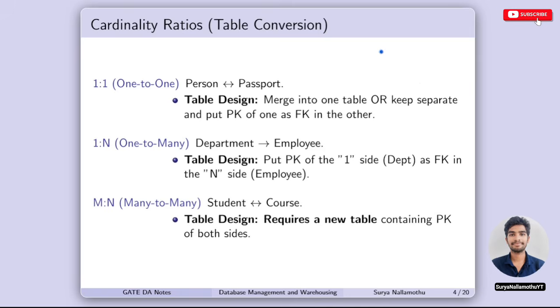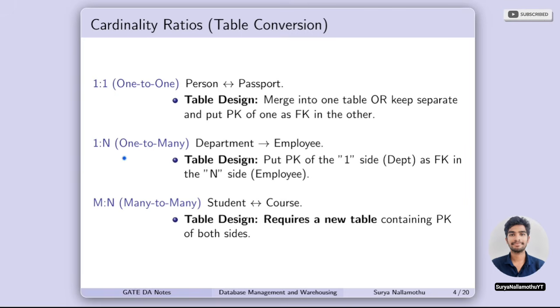Next, the cardinality ratios and table conversion. There is 1 to 1, for example person to passport, where we design a relation from one table to another table; we call that 1 to 1.